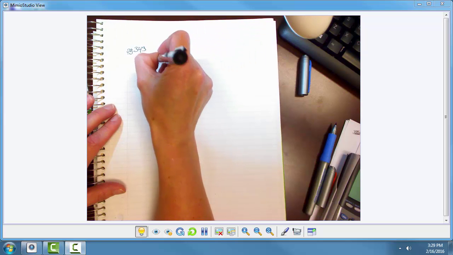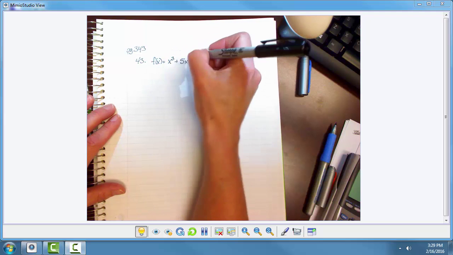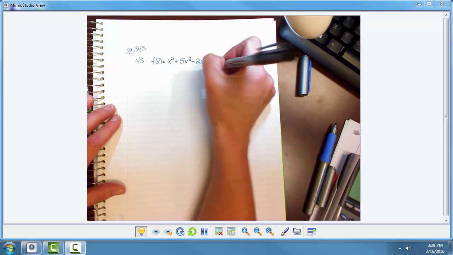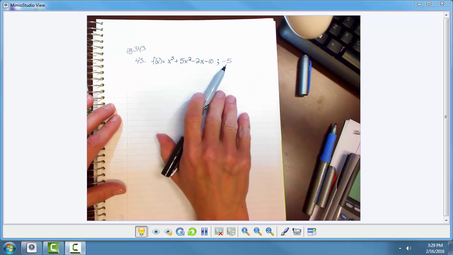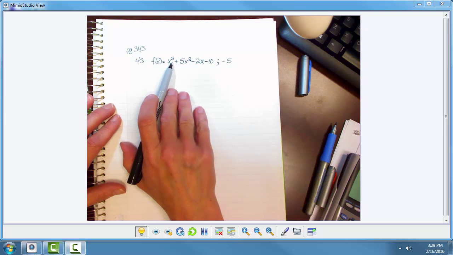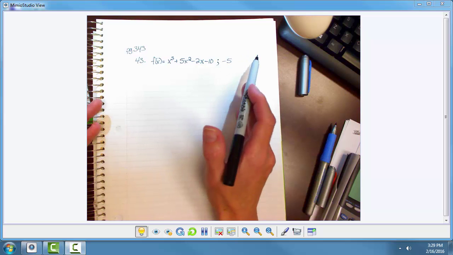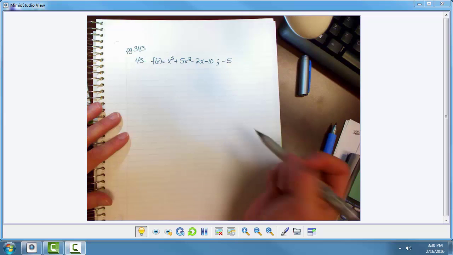Well, your polynomial function is f of x equals x cubed plus 5x squared minus 2x minus 10, and -5. So that means -5 is a 0. Because this is third degree, there's 3 zeros, and we're given 1. So how do we find the other two? Well, you're going to have to use synthetic division to get the depressed equation.